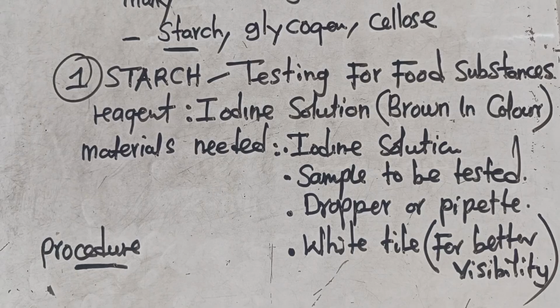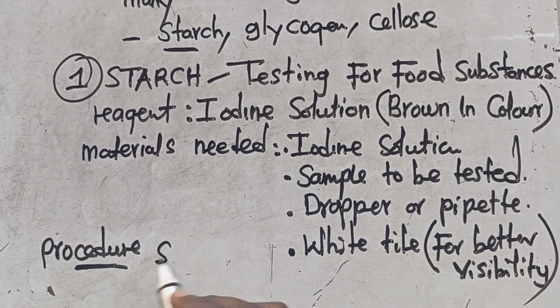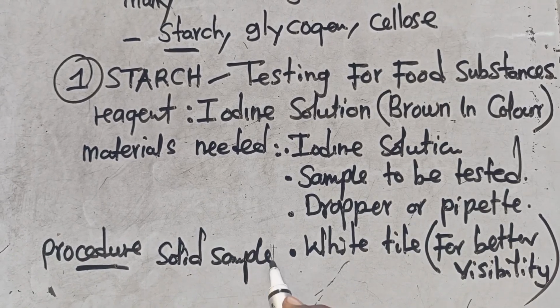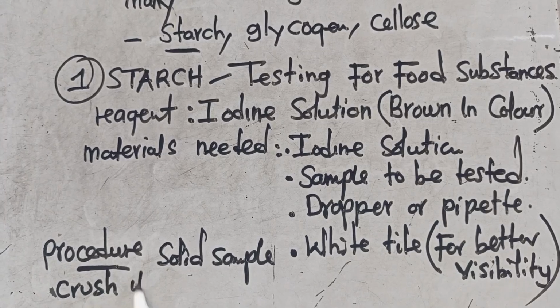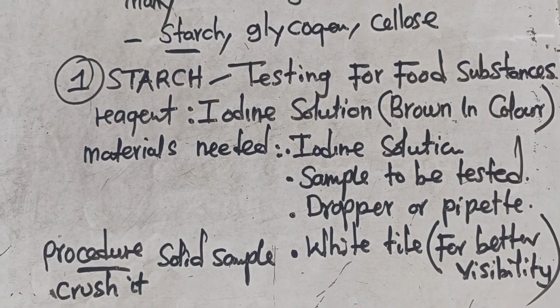The first part is where you get a solid sample. If testing a solid sample, you have to crush it into a fine powder to increase the surface area.